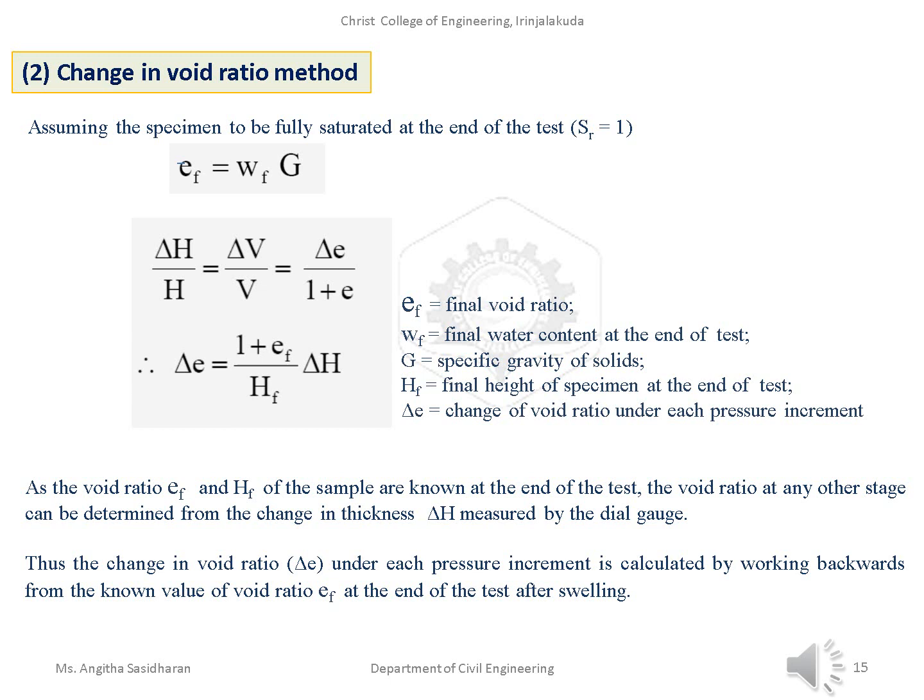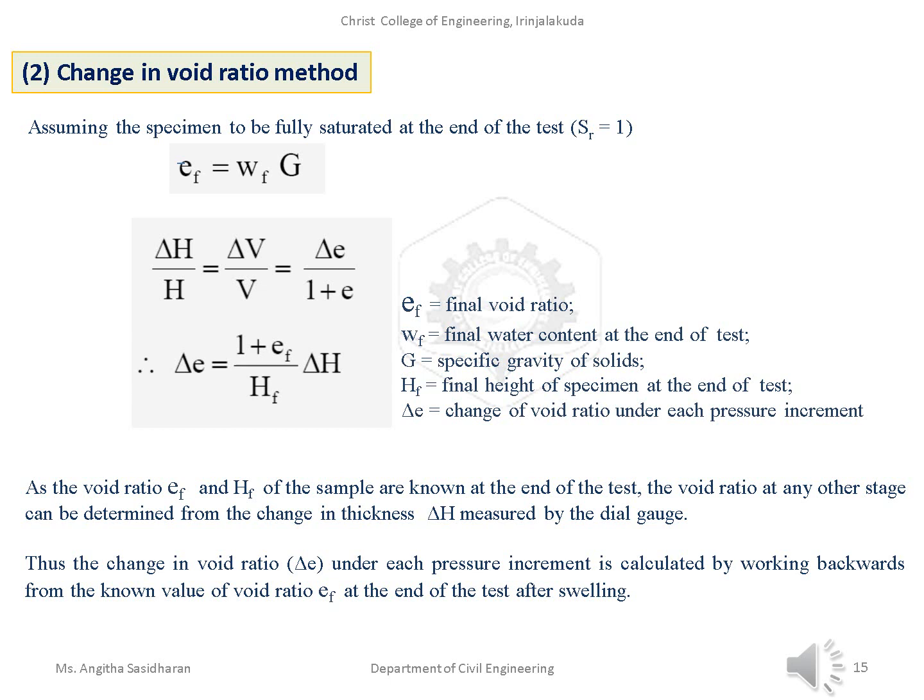The terms are explained here. The void ratio e_f and H_f of the sample are known by the end of the test, so the void ratio at any other stage can be determined by applying this equation and substituting the change in thickness, which is measured by the dial gauge.